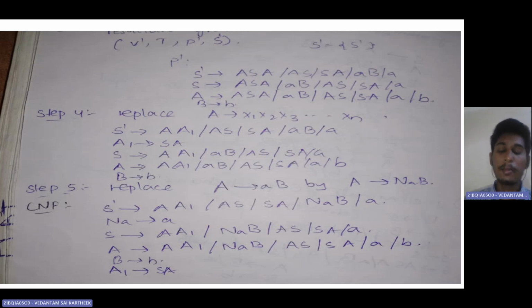Alpha is a terminal symbol. Let us consider alpha is a terminal symbol. So all the productions are in these two forms. Then we can say that the grammar is converted into Chomsky normal form. This is how we convert into Chomsky normal form.